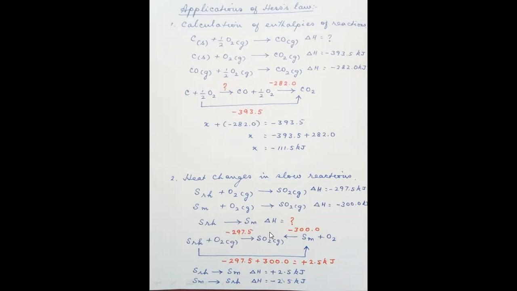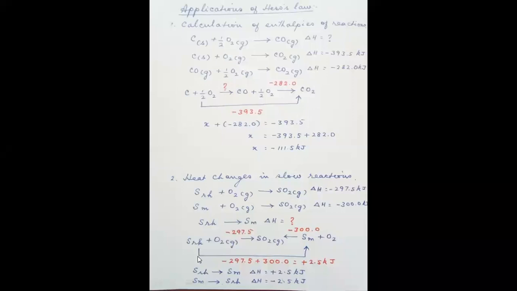Similarly, the same sulfur dioxide can be arrived at by burning sulfur monoclinic and oxygen, which is minus 300.0. Suppose this sulfur dioxide is converted into sulfur monoclinic and oxygen, it will be plus 300. Is that right? So when I revert this one, sulfur dioxide to monoclinic and oxygen, it will be plus 300.